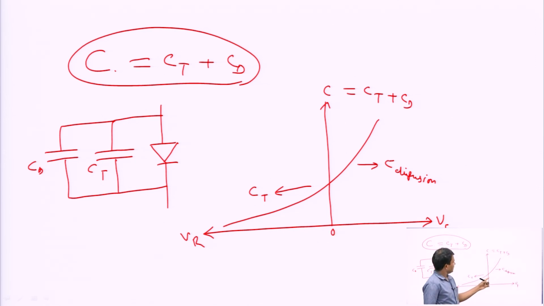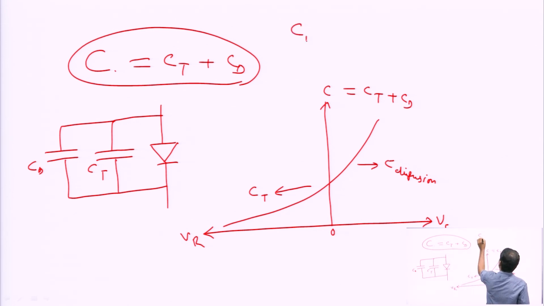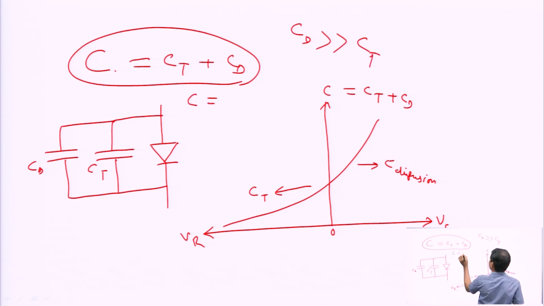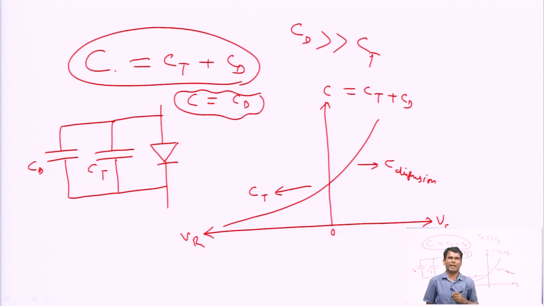This means in forward bias diffusion capacitance dominates, and in reverse bias it is transition capacitance, and Cd is greater than Ct. So we can say that total capacitance is approximately equal to Cd, because Ct is very small.